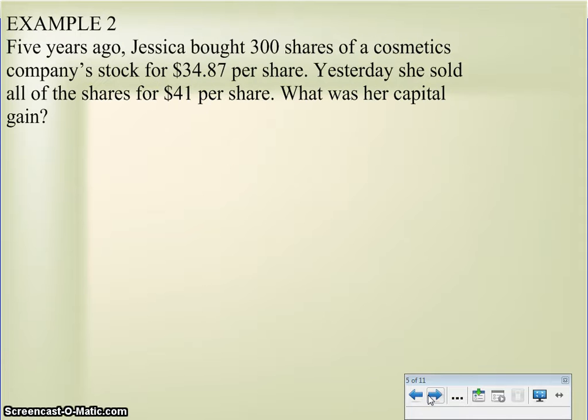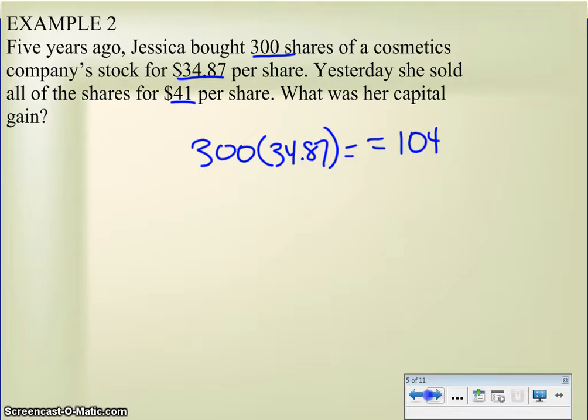All right, example 2. 5 years ago, Jessica bought 300 shares of cosmetics company stock for $34.87 per share. Yesterday, she sold all of those shares for $41 per share. What was her capital gain? So we're going to take those 300 shares and multiply it by the $34.87. And when we do that, we get $10,461. That was the purchase price.